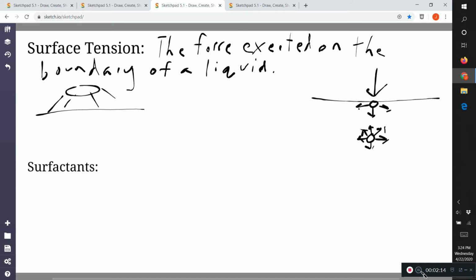Now, surface tension also explains why sometimes it's hard to use water to do certain things. When we wash our hands with just water, a lot of times it doesn't get the dirt off. That's why we use something like soap. The reason for this is because to intermix and to pierce the water, you have to break through its surface tension. And so we use something called a surfactant.